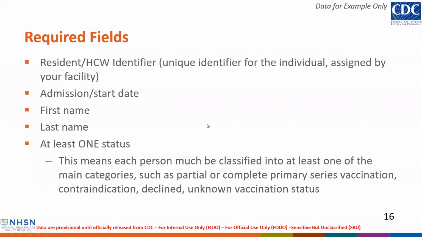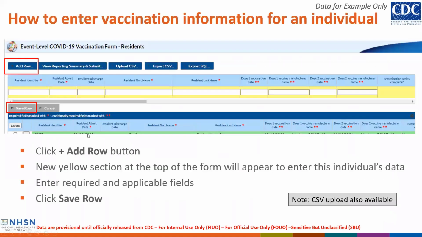So Hannah, how do we know what fields we have to enter? Right, so on this last slide, you saw that some of the fields were marked with a red asterisk, and those fields are required in order to be able to save the row.